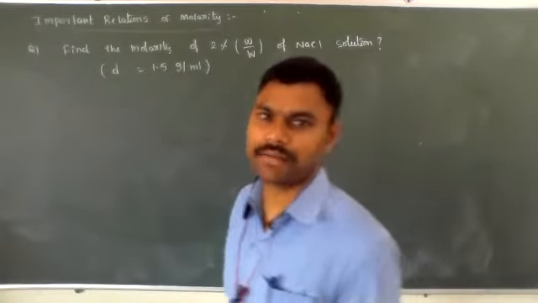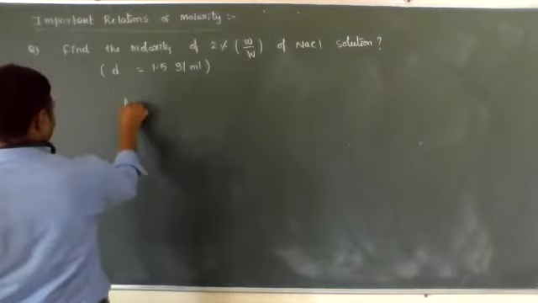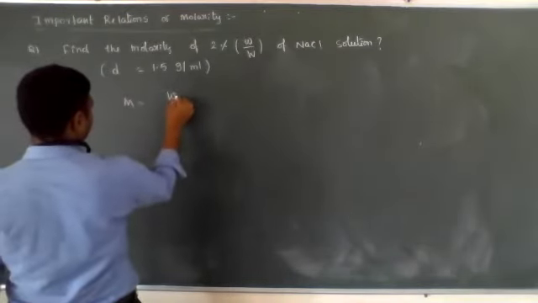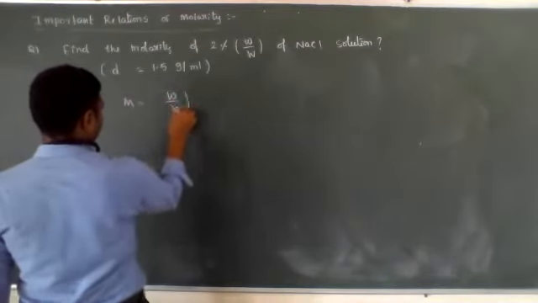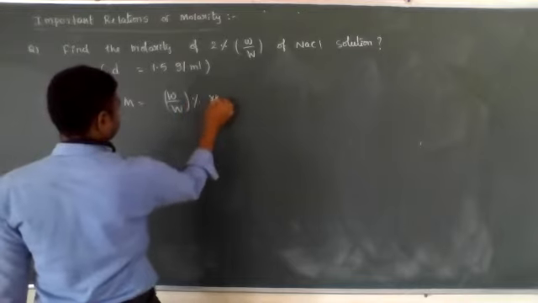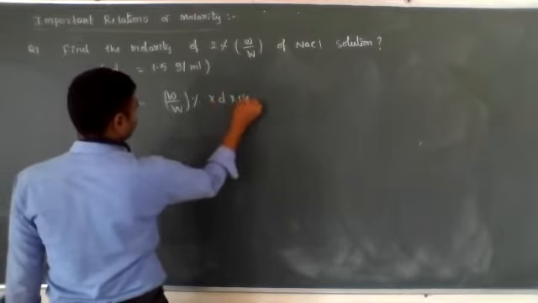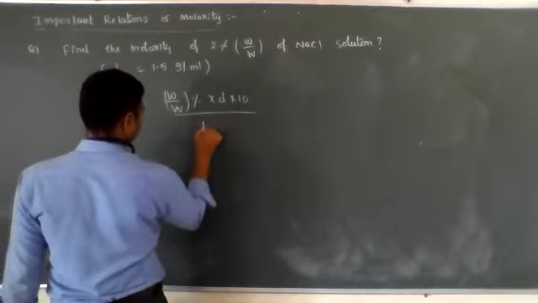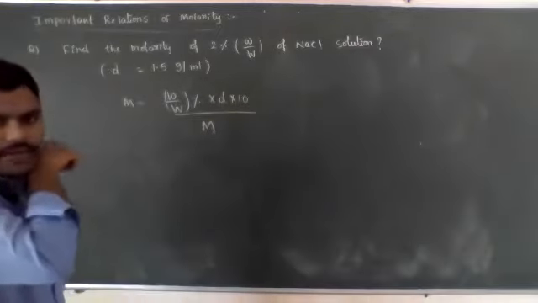In that case, what is the formula? The resultant molarity is equal to weight by weight percentage into density into 10 by gram molecular weight of NaCl.